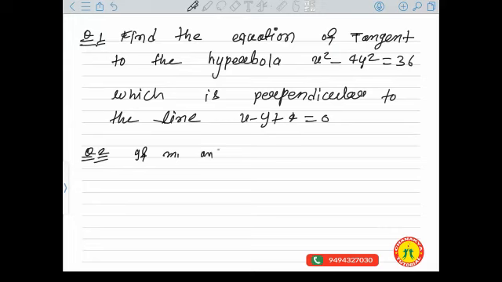Aditi, are you doing? Yes, sir. Srisha? Yes, you're doing. Good.